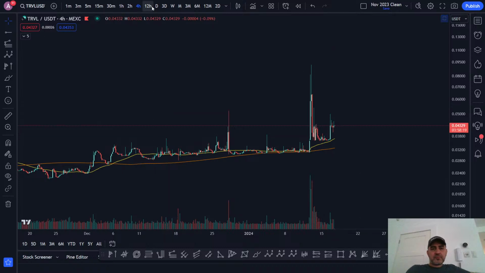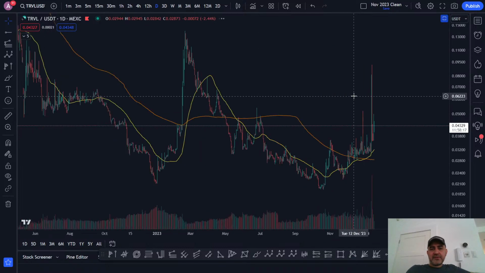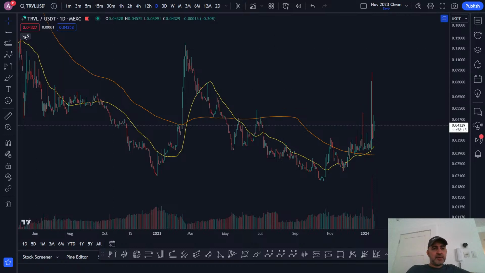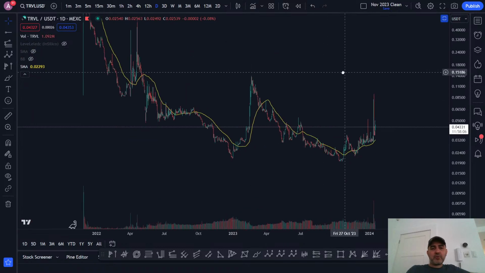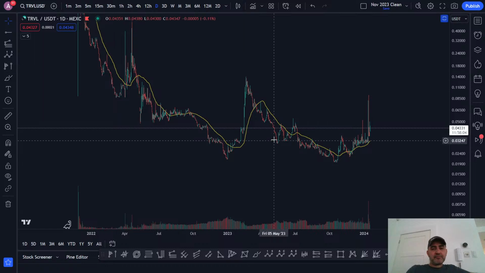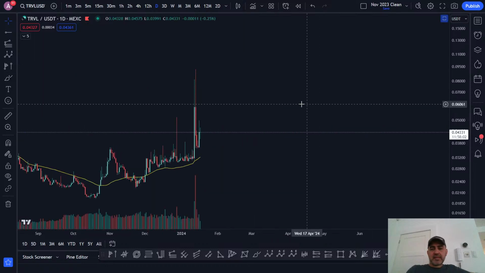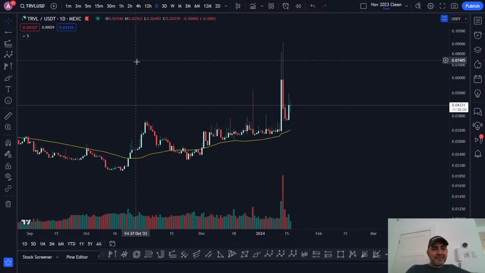For me, the 50 is a good one because it's nice and slow, and I just like it. I like it because in Forex it works quite well, but you can use any moving average really. Ultimately what you're doing is you're waiting for the price to come back to that moving average.